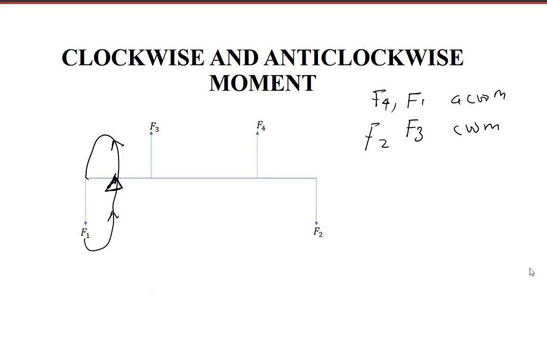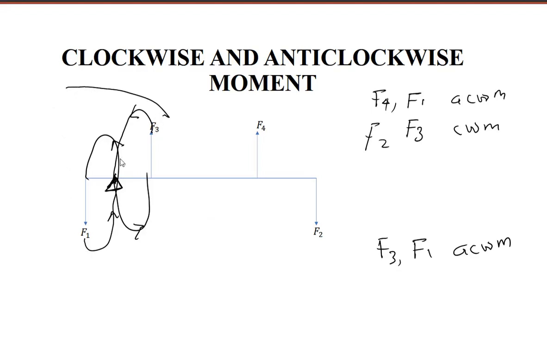So in this second case, F1 is anticlockwise movement. Now if we drag F3 in the direction like this, again it is moving anticlockwise. So this time F3 is anticlockwise.